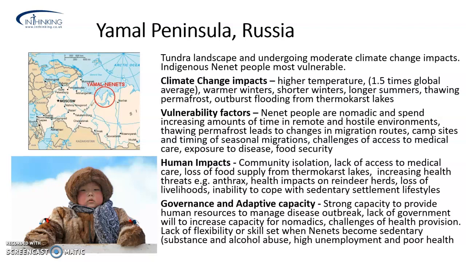And there have been some incidents already of anthrax outbreaks when the frozen remains of reindeer that were in the permafrost have been revealed. And so health effects have had a major impact on reindeer herds, and there's been loss of life amongst the Nenets people there.